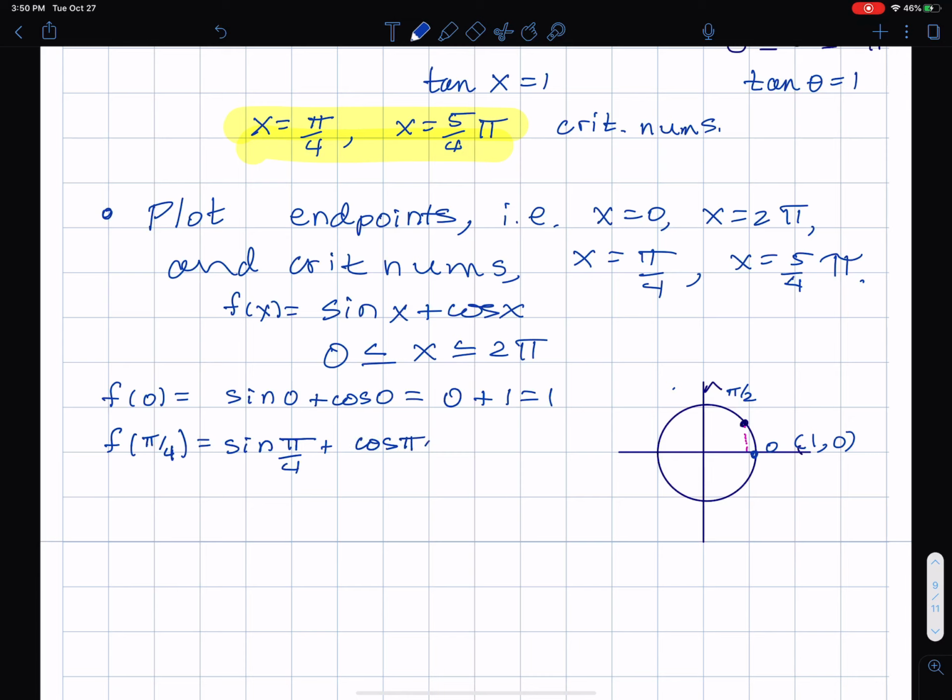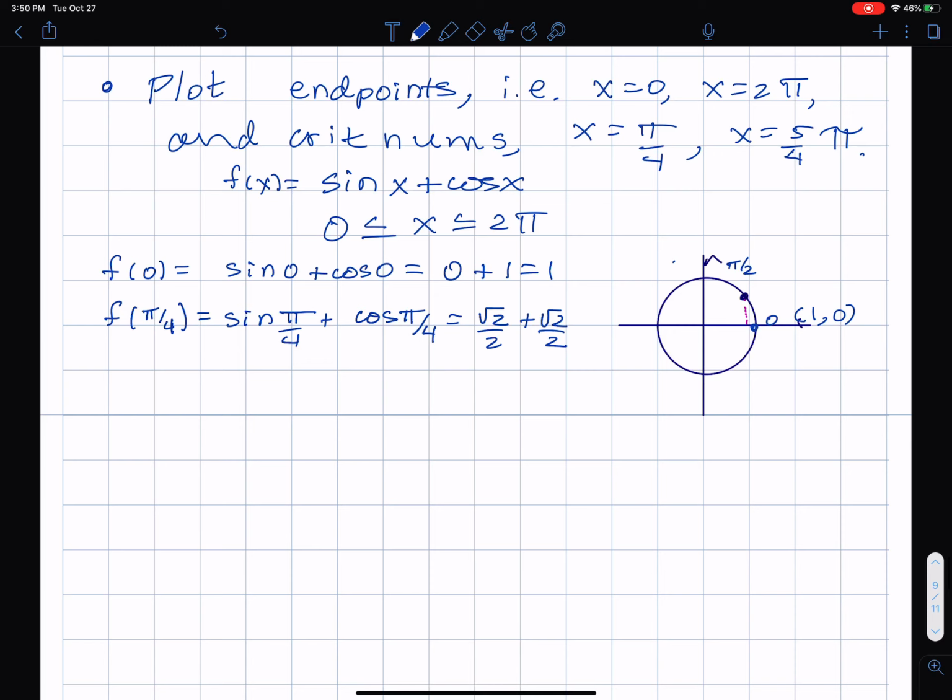For these guys here, whichever way, you get rad 2 over 2 plus rad 2 over 2. A good way would be to draw a triangle, or you could use the unit circle. These numbers are usually something that people would memorize, but you could write a right triangle, which, since pi over 4 corresponds to 45 degrees, is a 45-45-90 triangle, and you can use the Pythagorean theorem to get these side lengths.